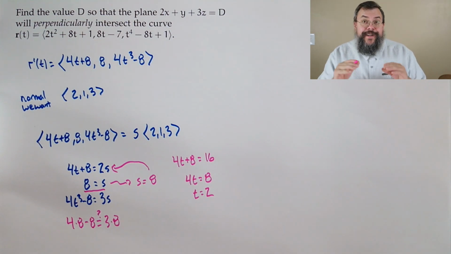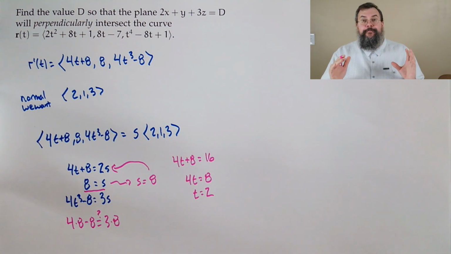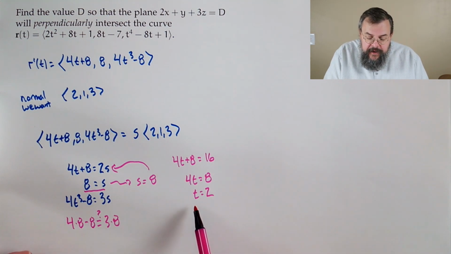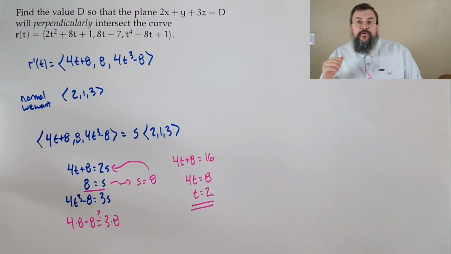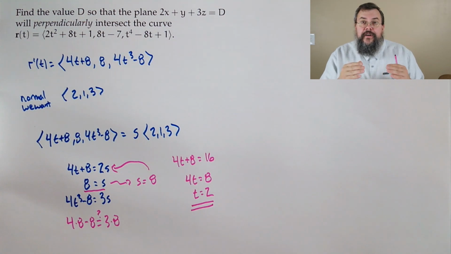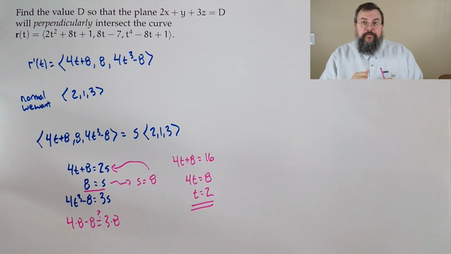All right, now, are we done? No. What have we done? What we've now determined is that it's at the time t equals 2 that the direction vector of the line is going to be parallel to the normal vector of the plane we want. So in essence, we found the time that we need this to work.